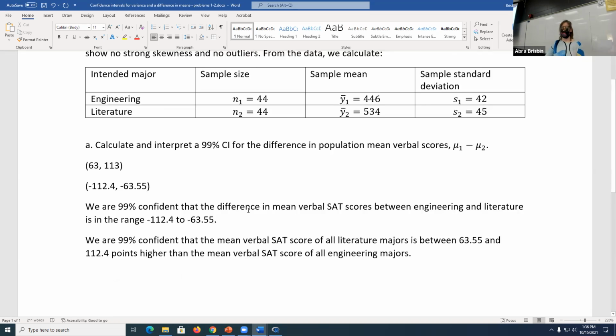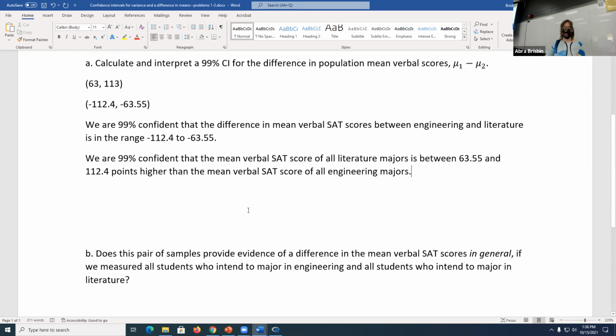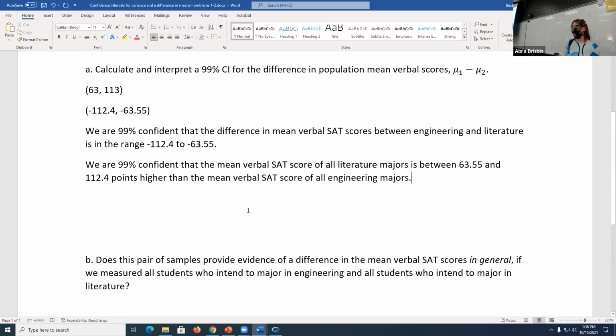All right. So take a moment to read problem 1B and think about the answer to yourself.